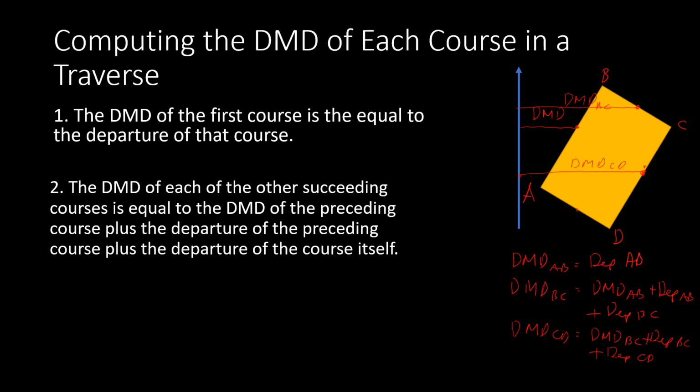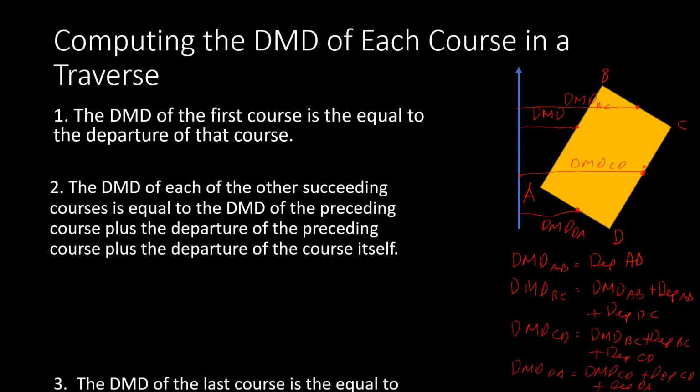Finally, for line DA, twice this distance will be the DMD of line DA. And the same rule applies. DMD of DA is equal to the DMD of the preceding course CD plus the departure of CD plus the departure of DA.